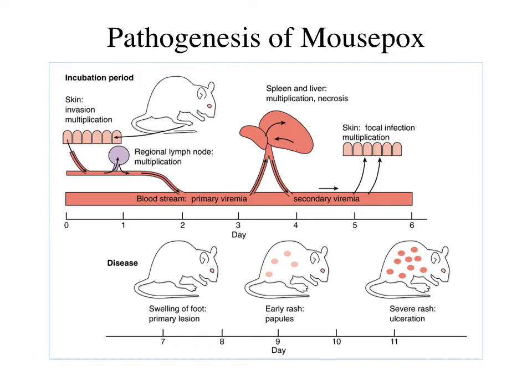That's where you get that next round of replication. But then the virus is released back into the blood, and you have your secondary viremia. Now, in this case, the virus returns to the skin, but it's moved way beyond just the foot pad. And you'll get lesions on the skin all over the body.